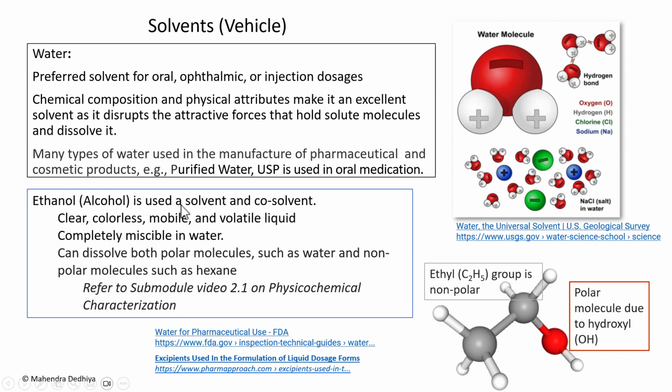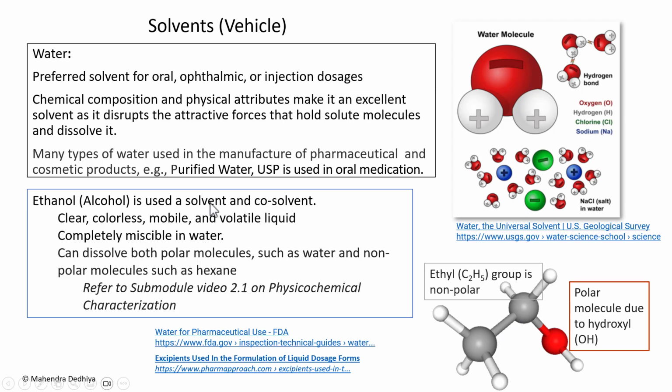Ethanol is used as a solvent and a cosolvent. Ethanol is a clear, colorless, and volatile liquid. It evaporates at moderately high temperature. It is completely miscible in water due to its strong hydrogen bonding. It also contains non-polar groups, CH3CH2, and non-polar molecules dissolve.